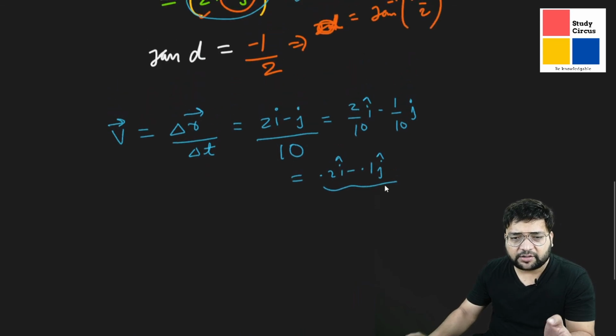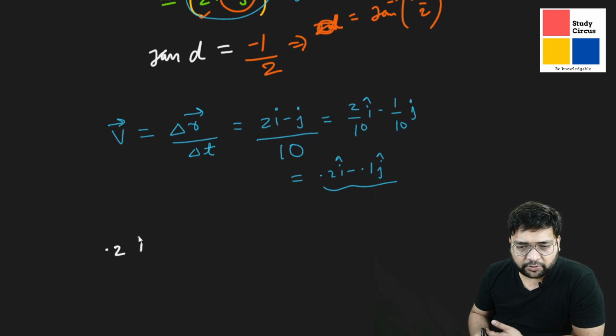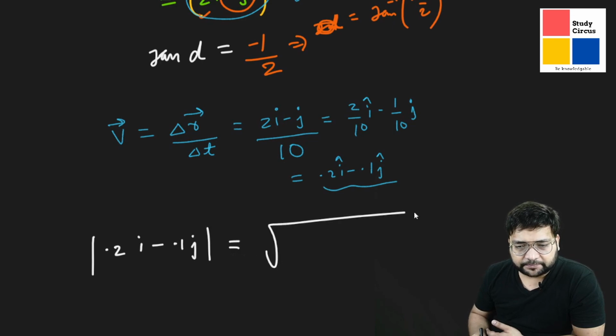If I say what is the magnitude of the velocity, we can find out the magnitude for any vector. How do we find the magnitude? That is 0.2 i minus 0.1 j. The magnitude of this vector is what? This is 0.2 square plus minus 0.1 square, the coefficient of j.